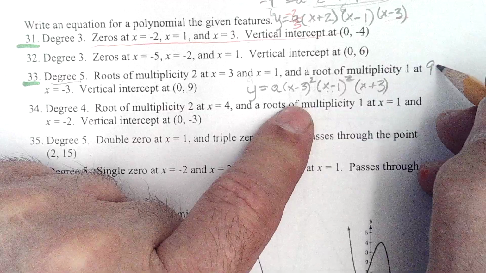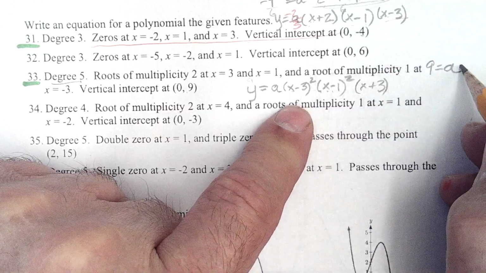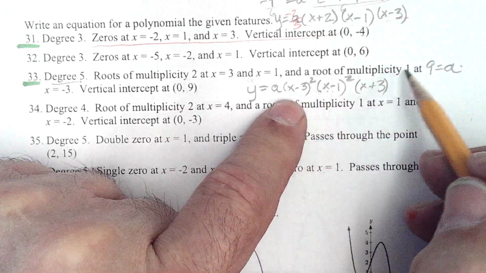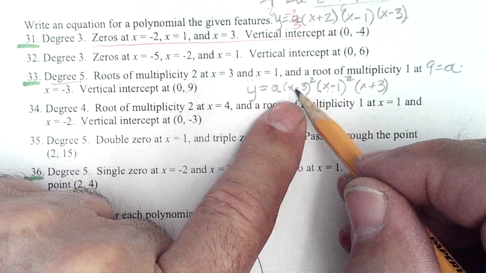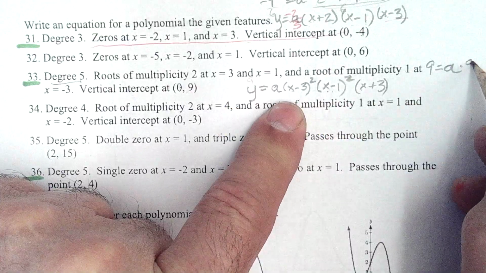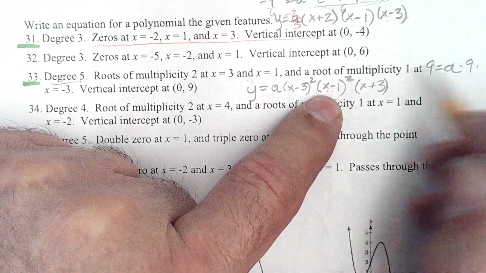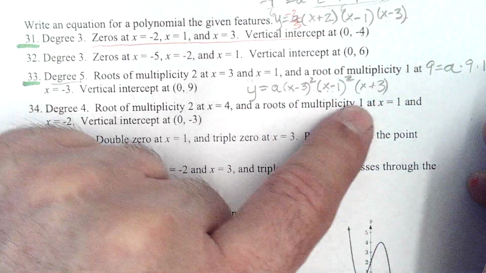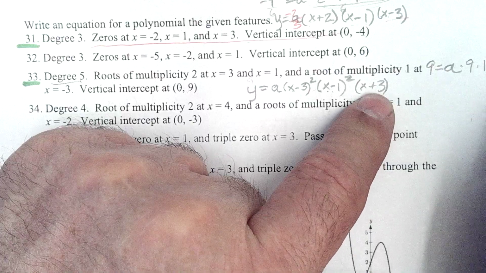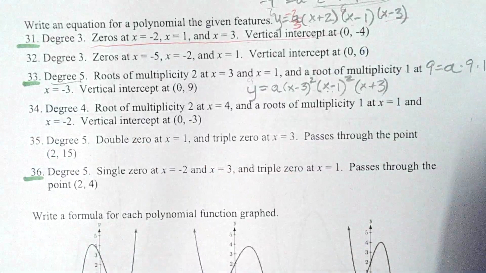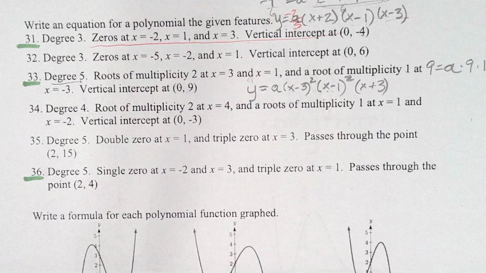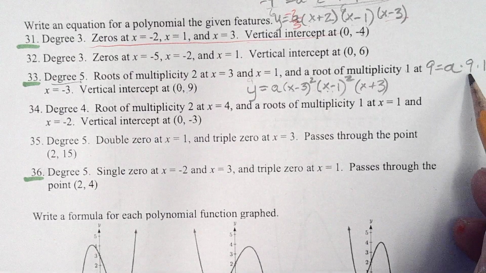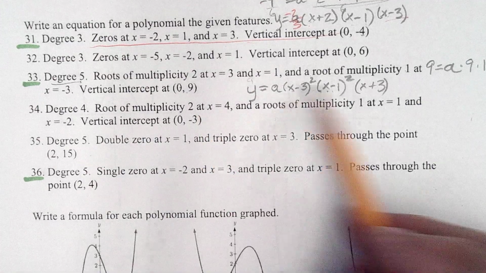So 9 will equal a times, putting 0 in for the x's, I get negative 3 squared, 9. 0 minus 1 is minus 1, squared is 1. 0 plus 3 is 3, squared is 9. So if I divide both sides by, see, I'm putting in 0.